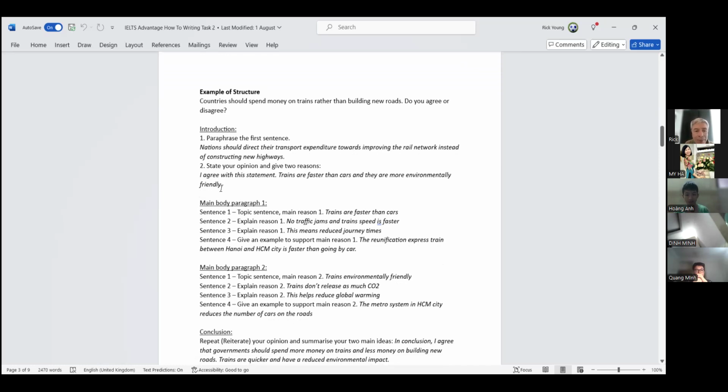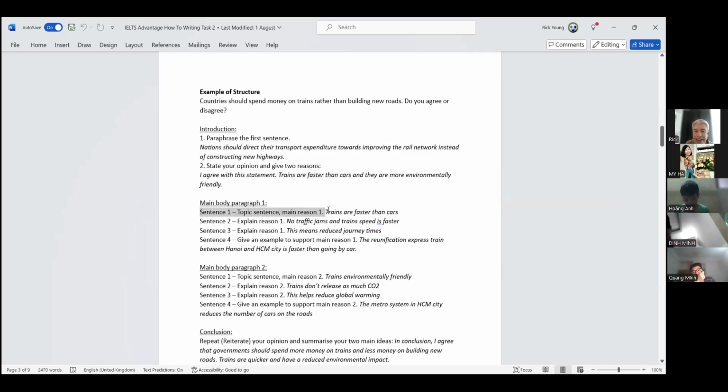Okay, so going back to my reason, my first reason why I agree is I think trains are faster than cars. So this is how I start off my first body paragraph. I'm using the same reason that I used here in my introduction.